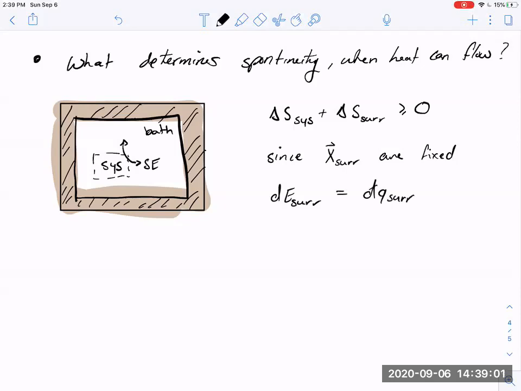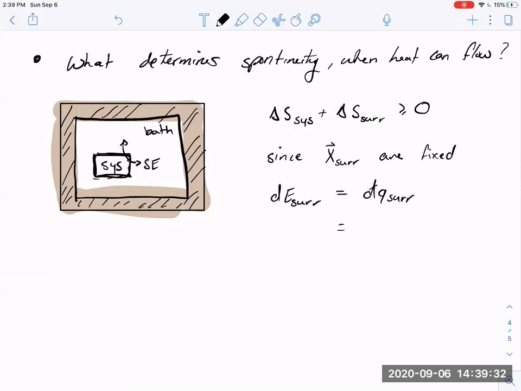That is to say that as we manipulate the system, the things in this little box, the system and bath can interact through exchanging energy. We'll manipulate the system by manipulating its mechanical variables, which means that the only way the surroundings change is through the heat released from the system into the bath.